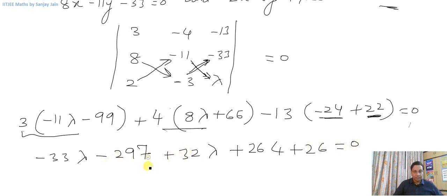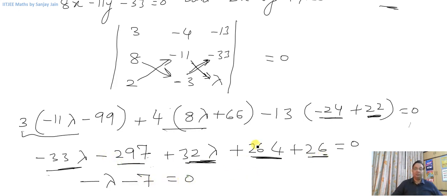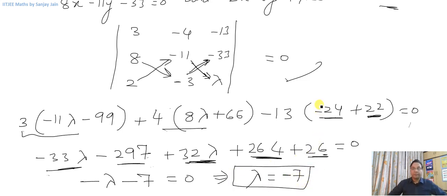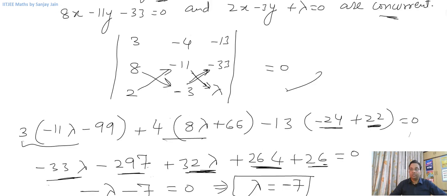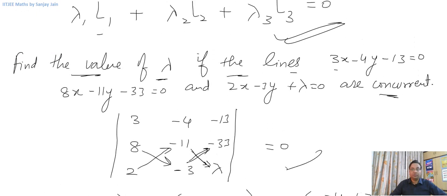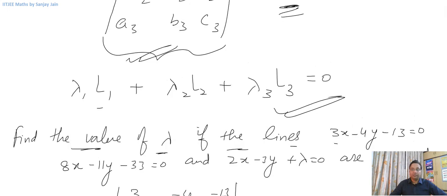Solving further, 32 lambda and minus 33 lambda gives minus lambda. This is 264, 270, 290. So 290 minus 297 is minus 7, and we will put it equal to 0 for the lines to be concurrent. So this gives me lambda equals minus 7. This is what I wanted to find out. So this was a question based on concurrency of three lines. This is it for this lecture.